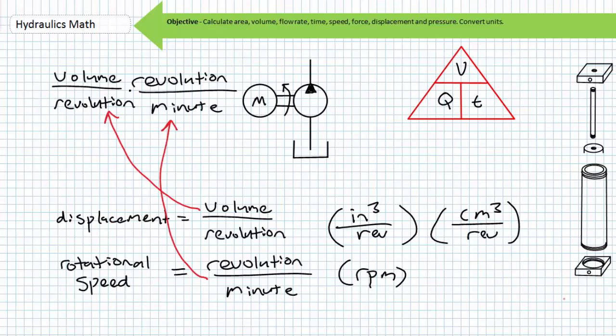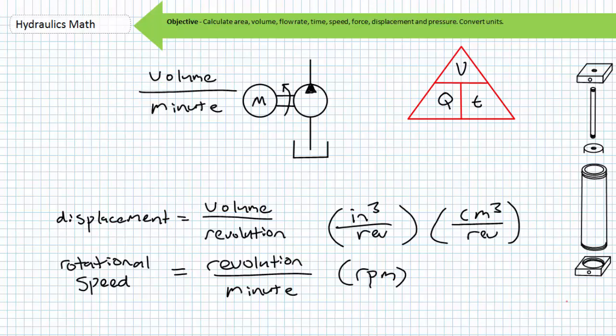Algebraic manipulations at the unit level suggest that if volumetric displacement per revolution is multiplied by revolutions per minute, the units of revolution cancel out, and we're left with units of volume divided by units of time. Volume over time is a unit of flow rate. If displacement per revolution is held constant and rotational speed is increased, flow rate increases.